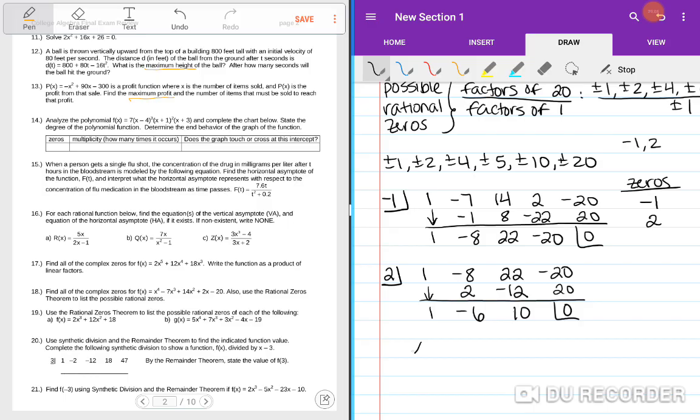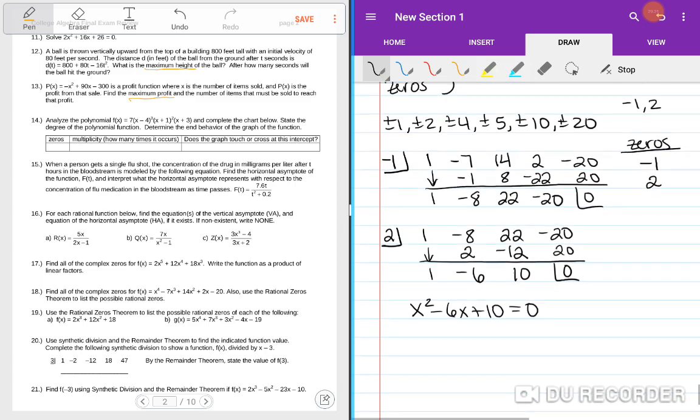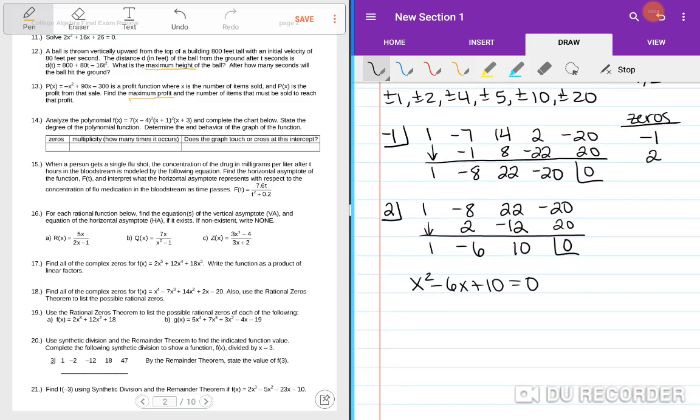What I have left here is x squared minus 6x plus 10. I am trying to find all of my zeros. It says to use the rational zero theorem to list the possible rational zeros. We did that. Now we're finding all the zeros. So far I have 2 of them, but those are the only 2 I saw. So it looks like the other 2 zeros may be imaginary.